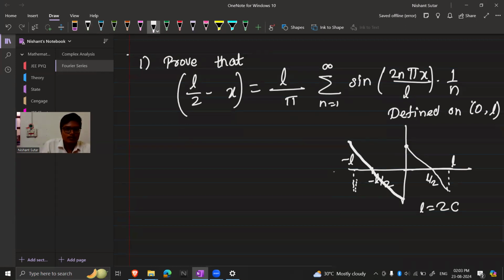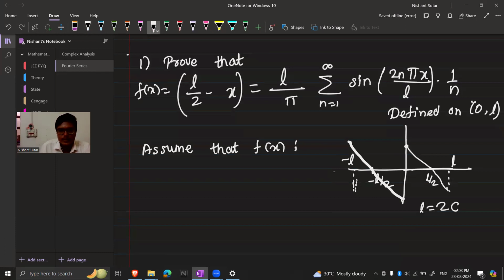So assume that this is my f of x, and f of x is extended to minus L to L as an odd function.